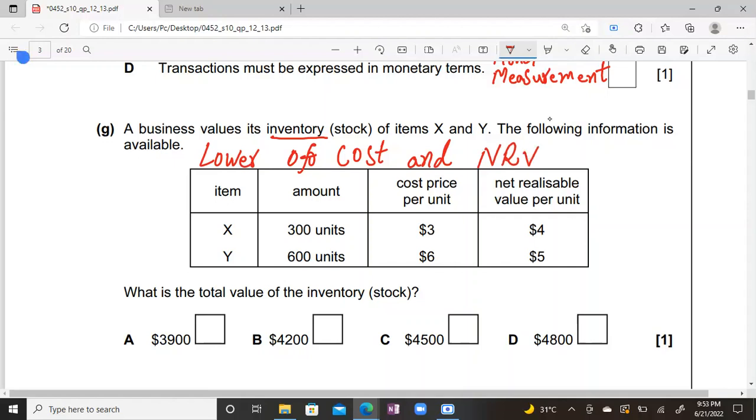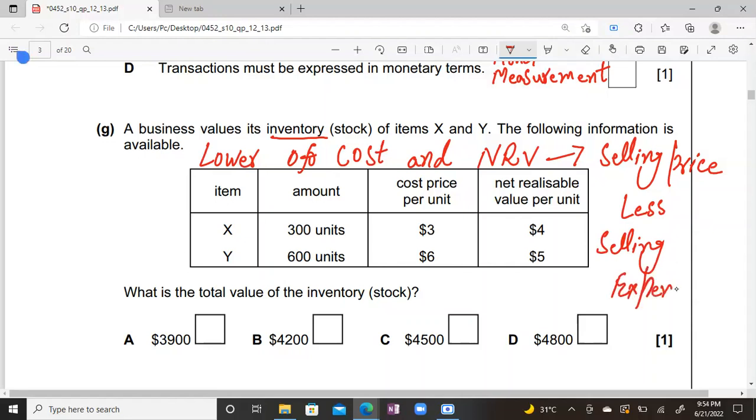Basically, what is the net realizable value? Net realizable value means the estimated selling price minus the estimated selling expenses. This is called net realizable value.